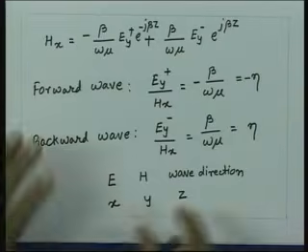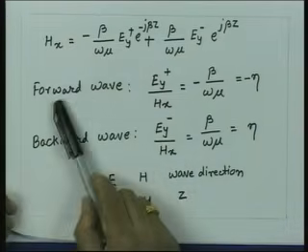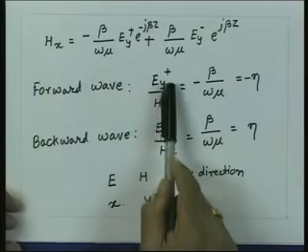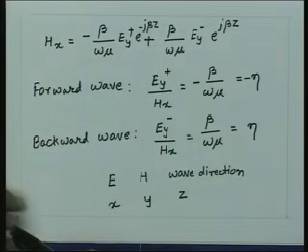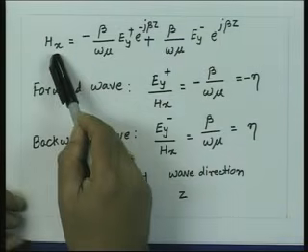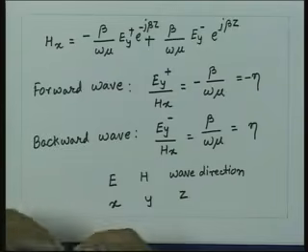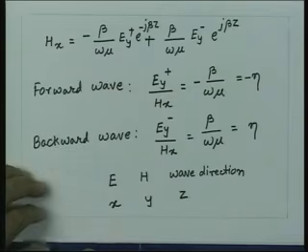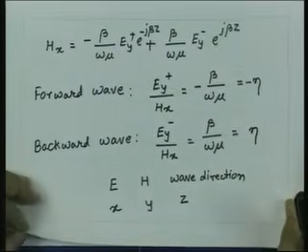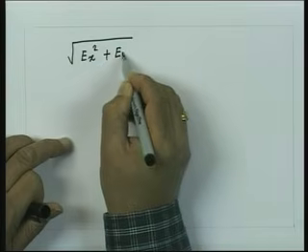Nevertheless, the total electric field which you are going to see is the magnitude of the electric field, which is from the Ex and Ey. Similarly, it is true for the magnitude which you are going to get from Hx and Hy for the magnetic field. So, the ratio of the total electric field and total magnetic field is always positive value of eta, because the magnitude of the electric field will be square root of Ex square plus Ey square.